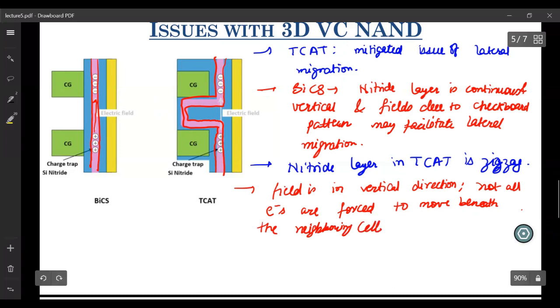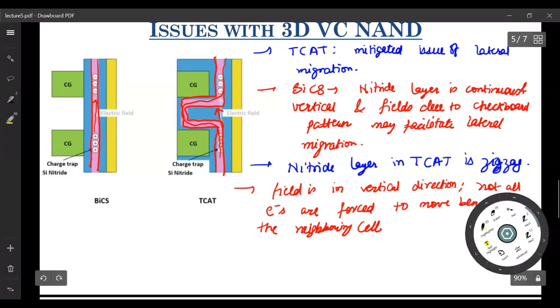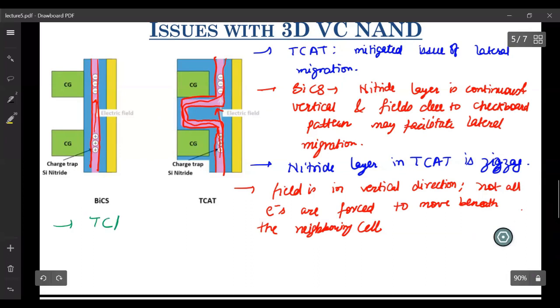Because the field is in this direction, and in order to move towards this, they'll have to traverse a zigzag path, and there is no field assisting their motion along this zigzag path. The electric field is in the vertical direction, while the path that it has to take to go from beneath one control gate to beneath another control gate is a zigzag path. So because of this, TCAT is superior to BiCS.